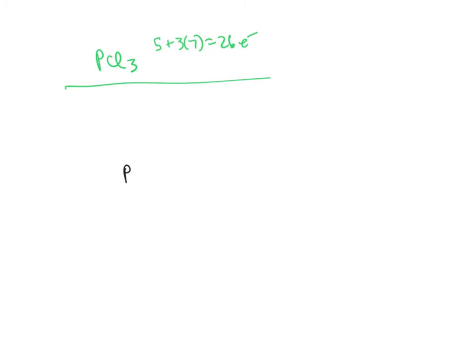One is with phosphorus in the middle, and phosphorus has 1, 2, 3, 4, 5, and you can make bonds to chlorine. And so it'll look something like that.